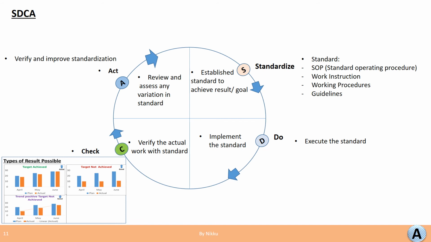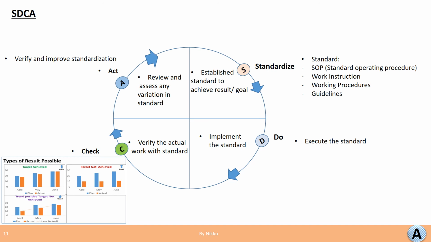Standardize stands for establishing a standard to achieve a result or goal. Do phase is execution of a standard, whatever standard we have established in the S phase, we are implementing those standards in the do phase. C, check. Check phase is verifying the actual work with the standard.